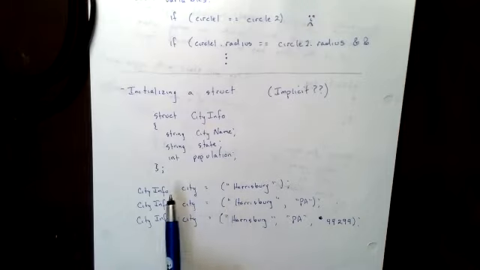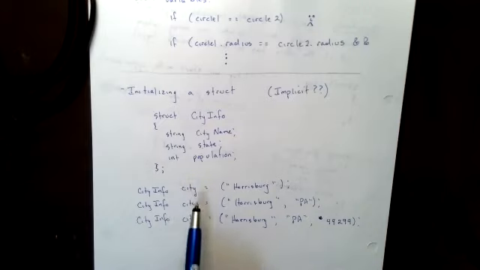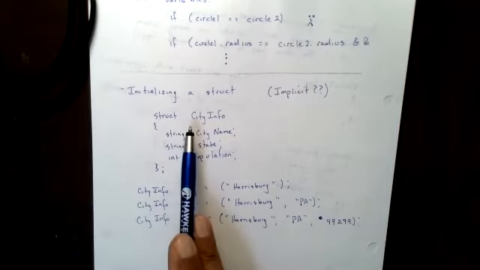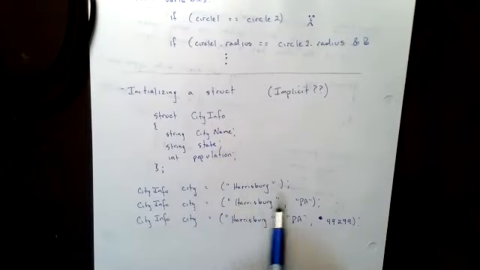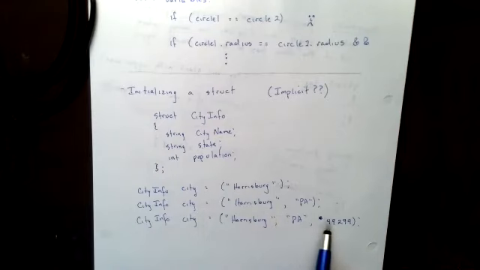I can create a new variable city of data type city info, and I can store something in the first member, in the first 2 members, or I can immediately store something in the first 3 members. So I can assign values right up front.